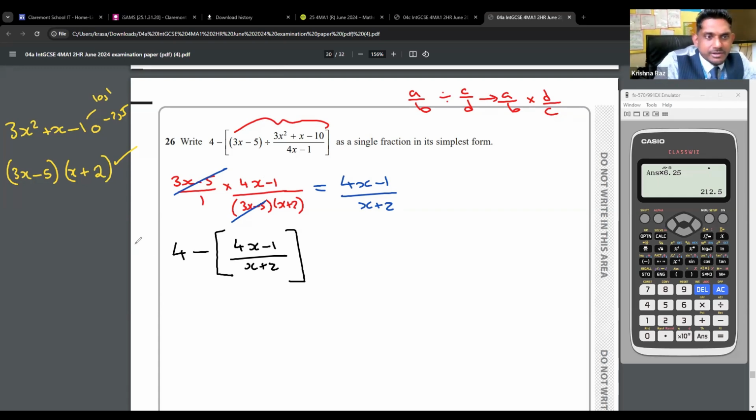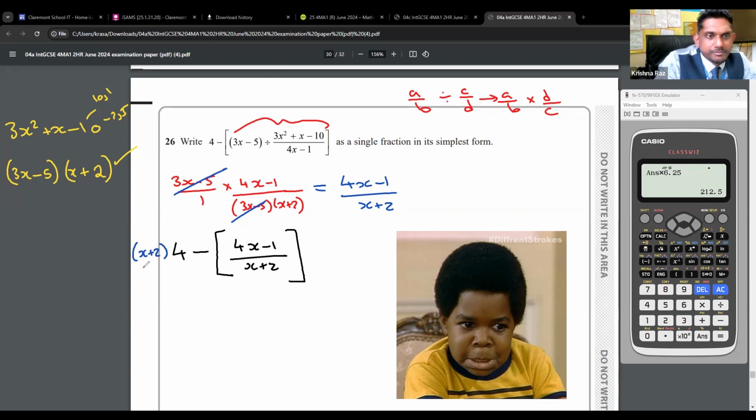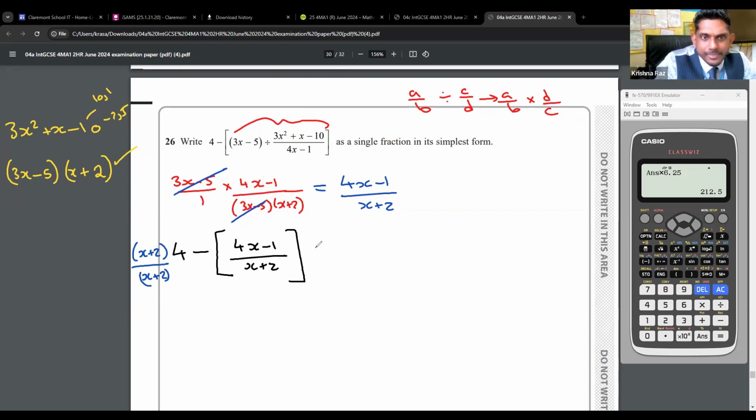So that means I need to times the top and bottom by x plus 2. So I can now write this as 4x plus 2 minus 4x minus 1 all over x plus 2.